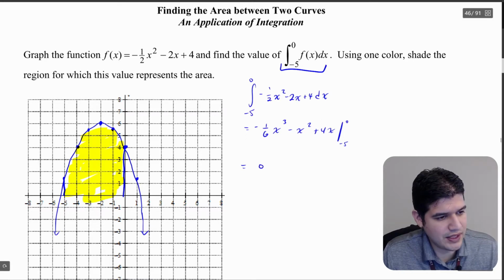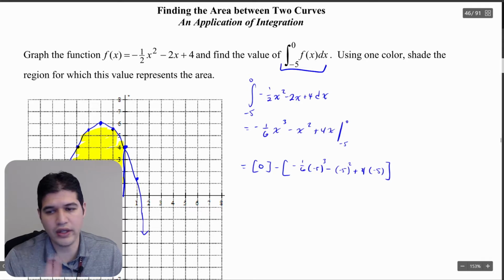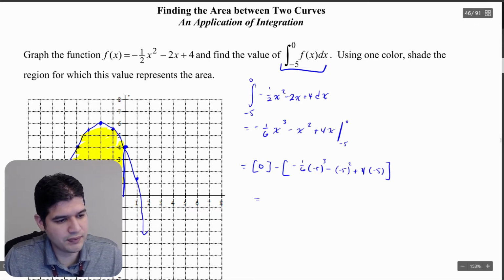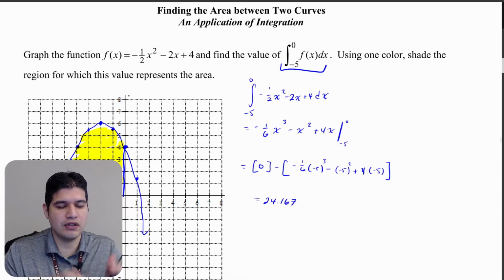With the 0, that's going to come out to be 0 minus -1/6 times -5 to the third minus -5 squared plus 4 times -5. You put all of this into your calculator, and this is going to come out to be about 24.167. So we found the area under the curve for this function.